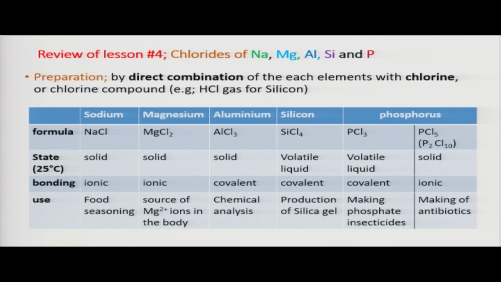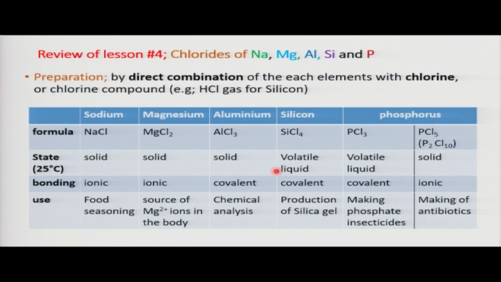That is silicon tetrachloride. So when they are prepared, we can have this table generalizing much of the work we covered. We looked at their formulas and how they exist at room temperature, that is at 25 degrees Celsius.